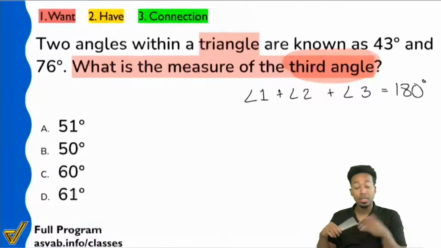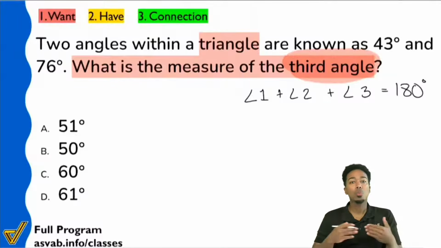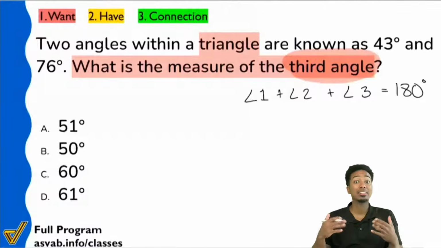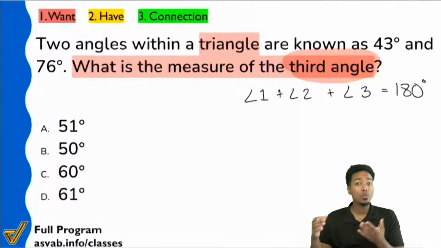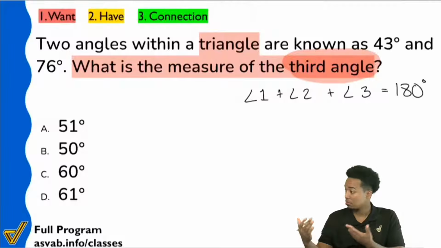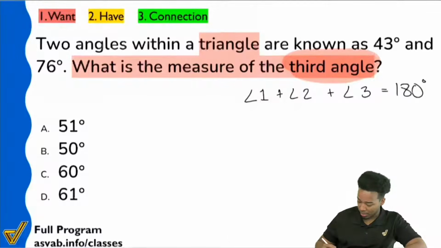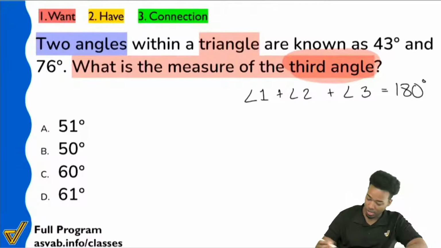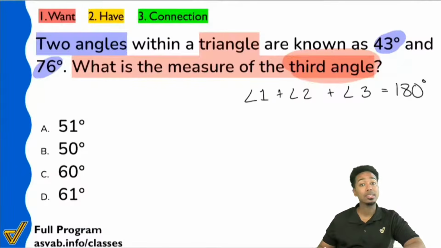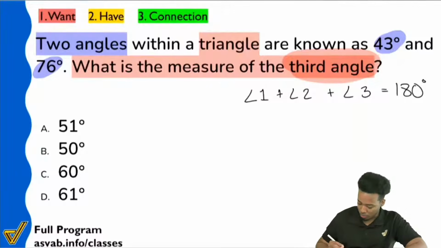Good. Now, here's what we'll do. We have this mathematical fact that applies to this problem. We're going to take the information we have and plug it in. What do we know? We know that two of these angles inside of the triangle are 43 degrees and 76 degrees. Okay, cool. So I'll go ahead and write those in.